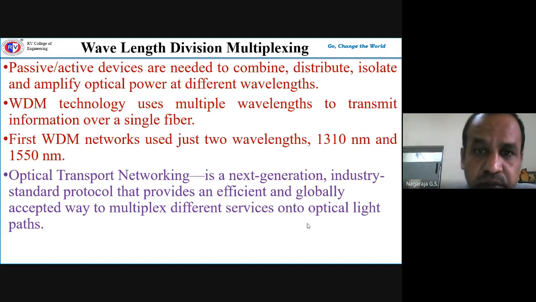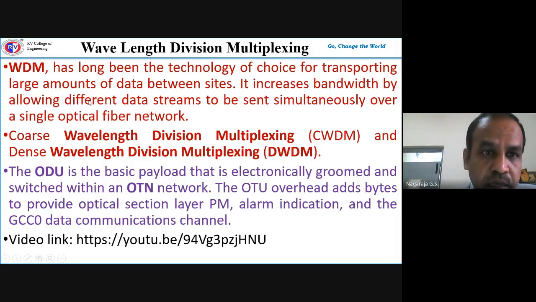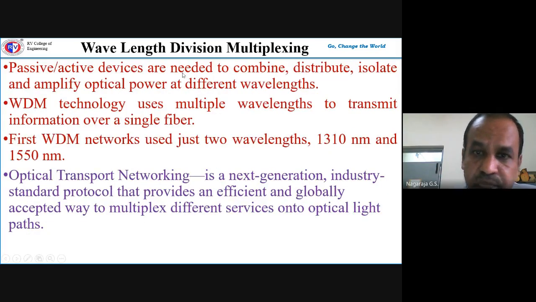In wavelength division multiplexing, passive or active devices are needed to combine, distribute, isolate, and amplify optical power at different wavelengths. Here the focus is on optical signals. This technology uses multiple wavelengths to transmit information over a single fiber.